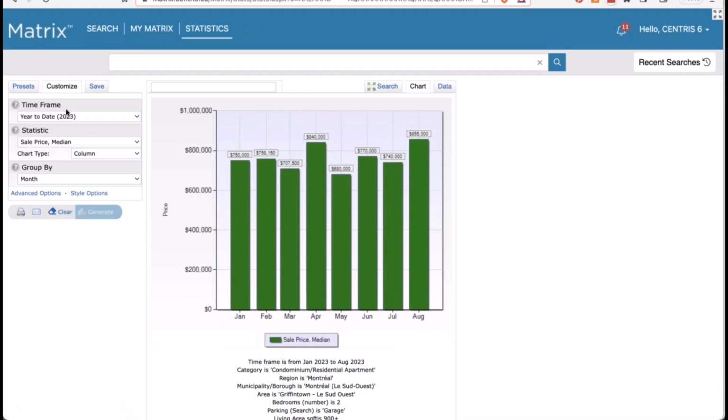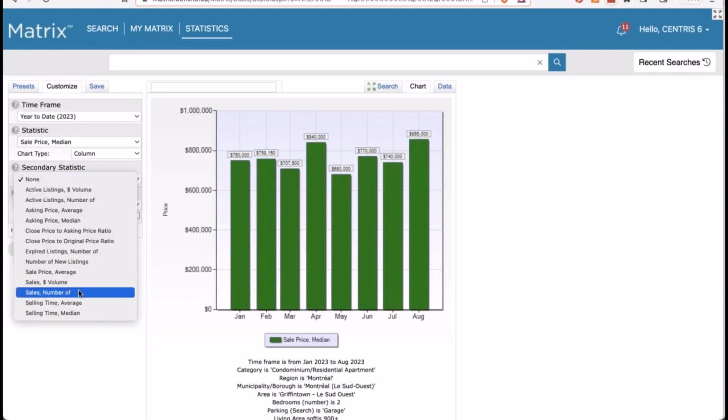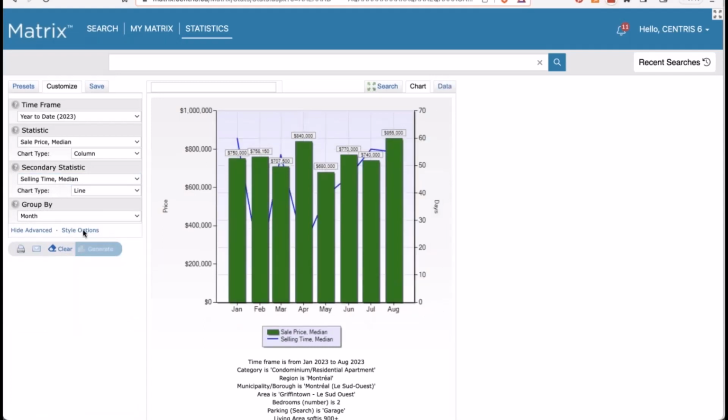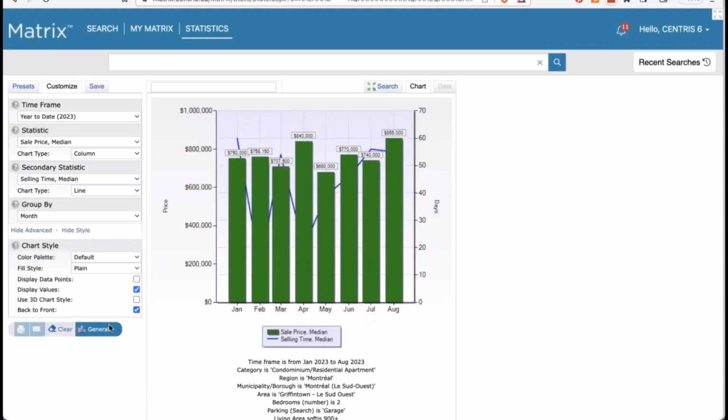for our client here. I'm just going to go into the advanced statistics and add median selling time. I'll put that as a line and click generate and bring it in the front here. So this is something I might want to show my clients.